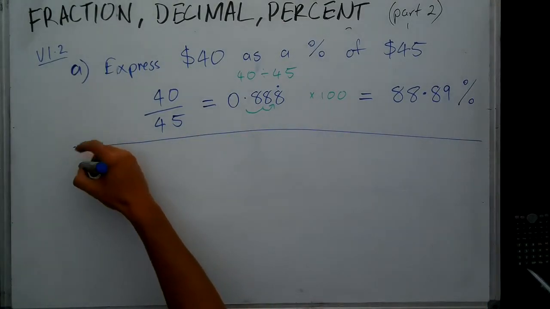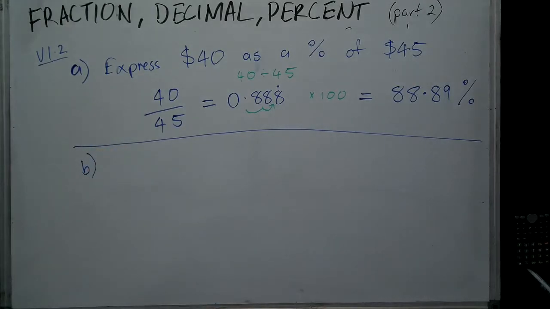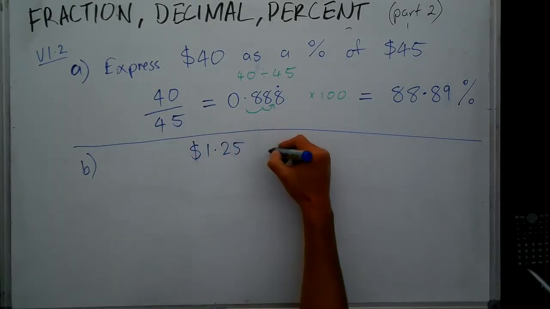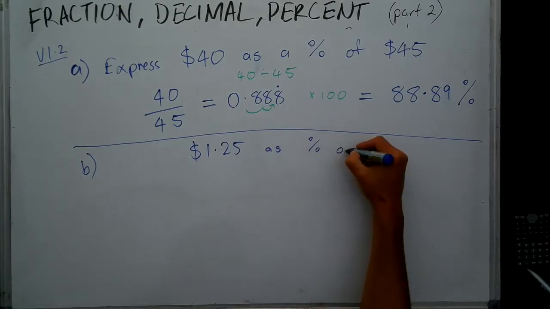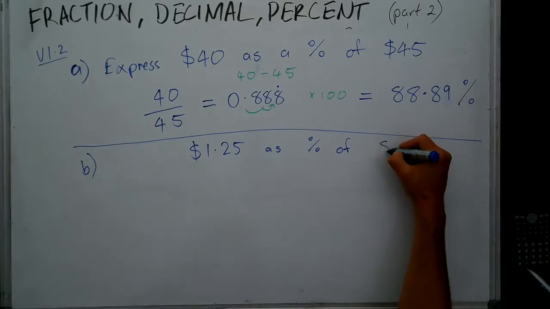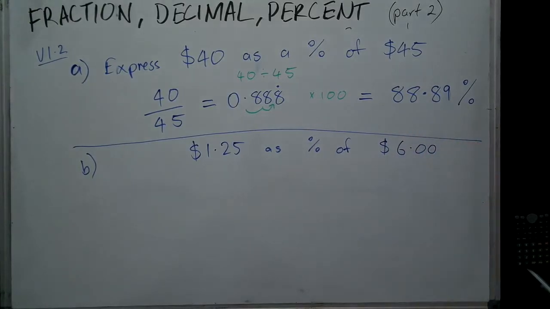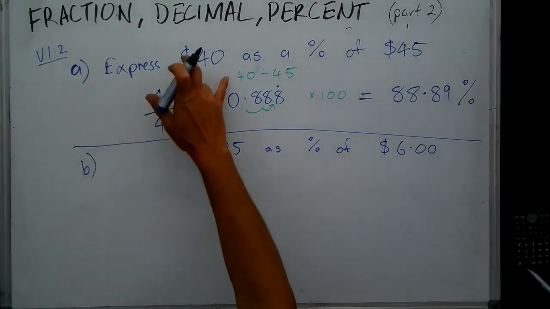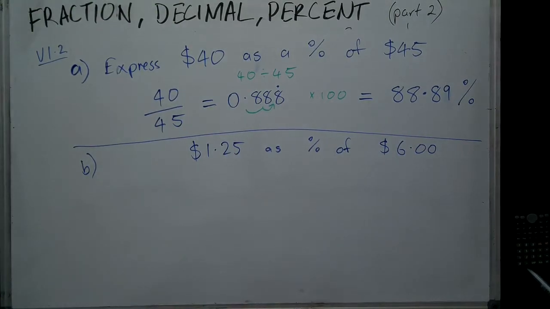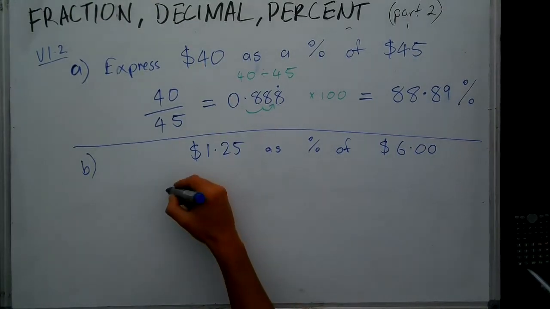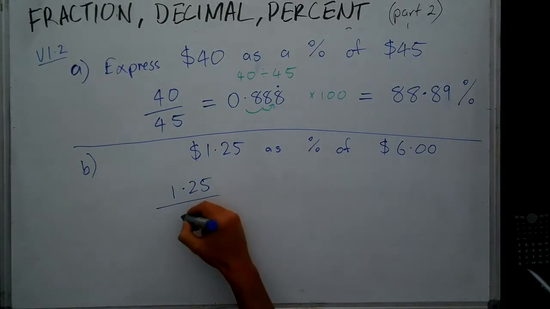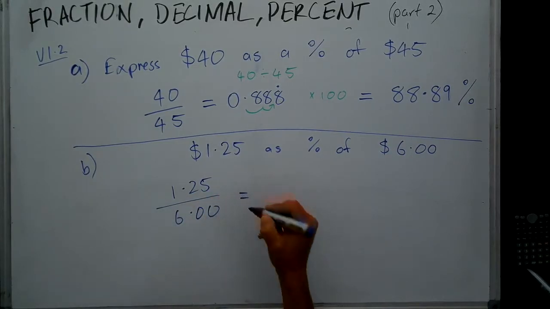Okay, the second example. Same sort of question. Express $1.25 as a percent of $6. So again, we're going to start off making a fraction, type it in the calculator to turn it into a decimal, and then multiply by 100. So $1.25 on $6.